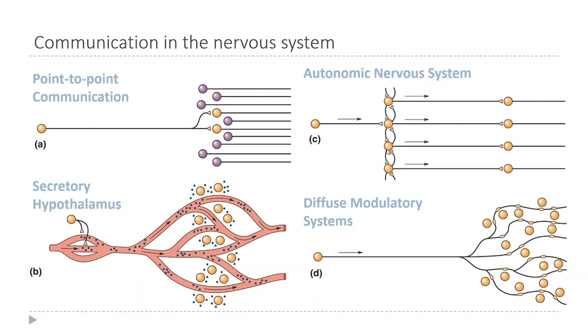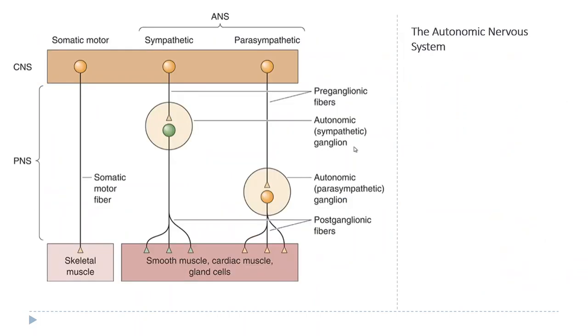And so it's a way for the brain to be able to influence the activity of a number of different parts of the body simultaneously, but to not really have fine point-to-point control over those systems. So this diagram kind of summarizes the overall layout of the autonomic nervous system.